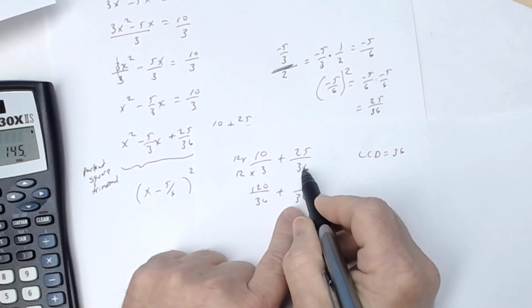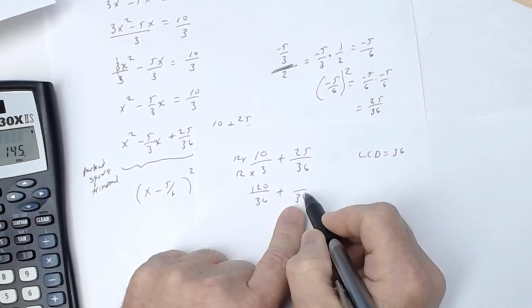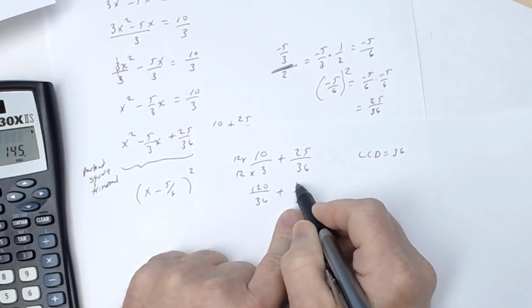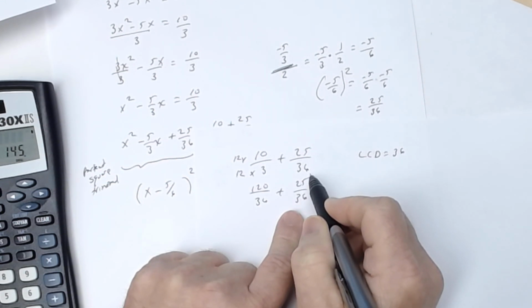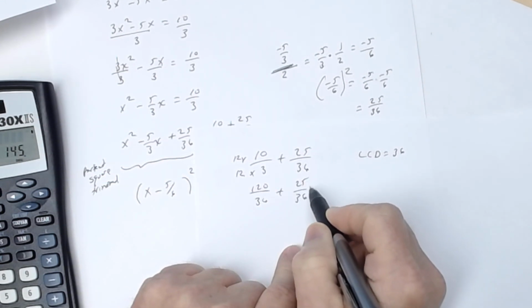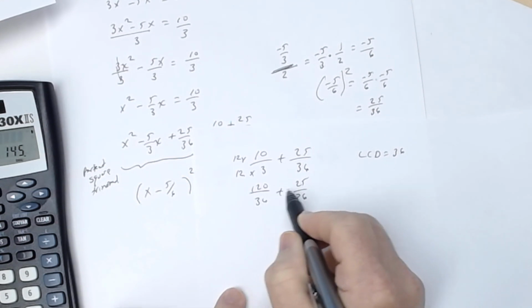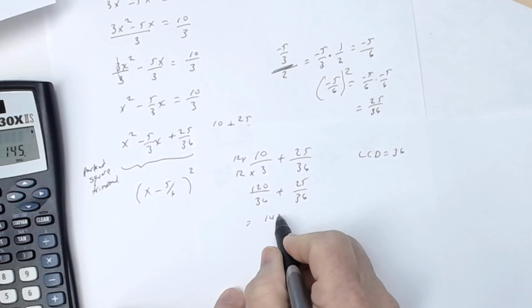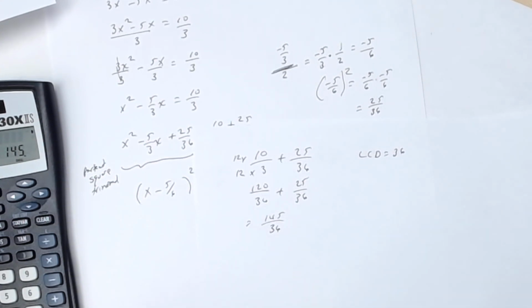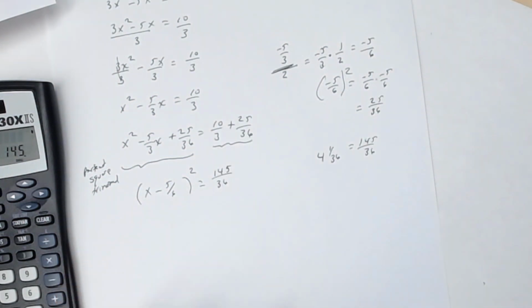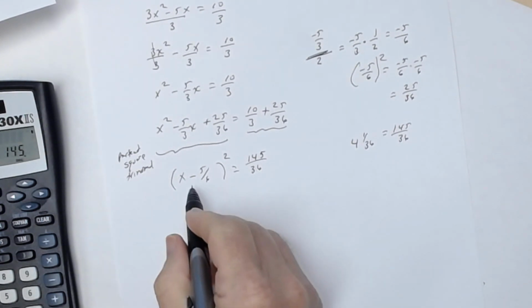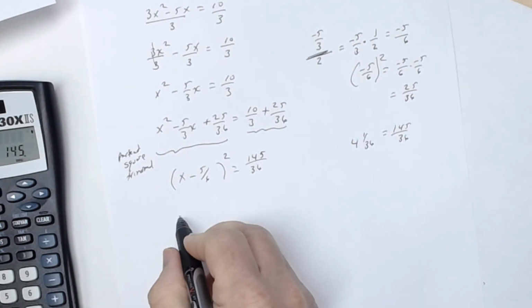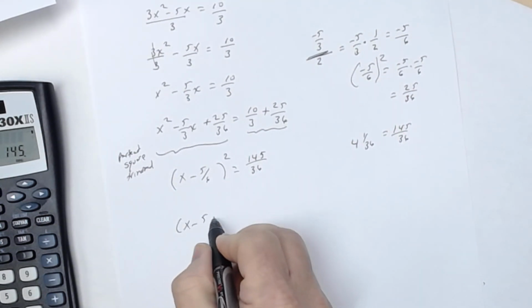And then over here, those two denominators are the same, right? So the numerators have to be the same. So 25/36 is equivalent to itself. And then when I add those two fractions, 120 plus 25 is 145 over 36. And so that's what you saw here. Okay, now remember the next step is to solve for x. So that's where we use the square root property. So let me go ahead and rewrite this over.